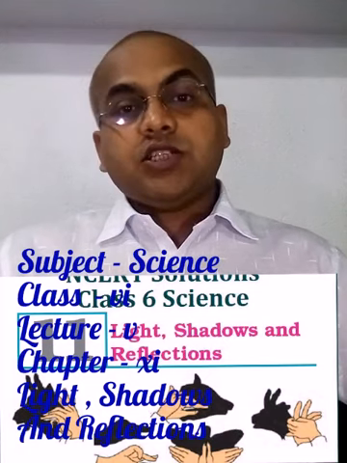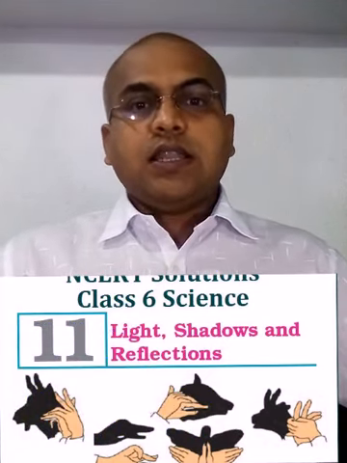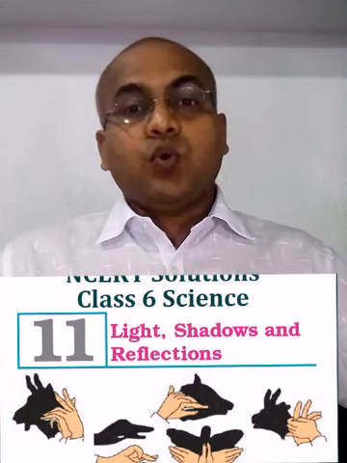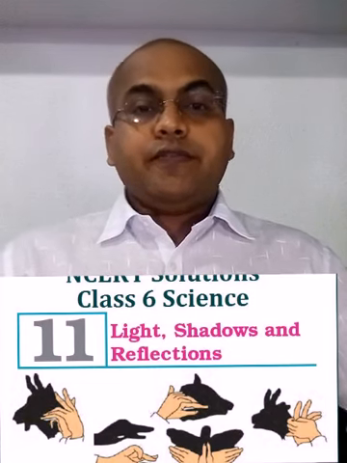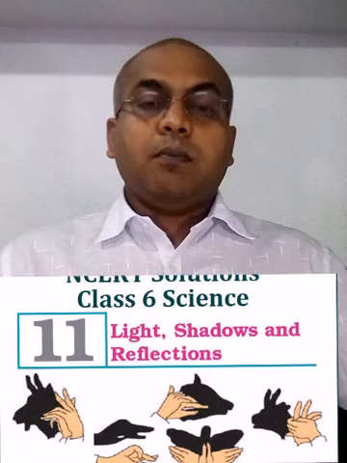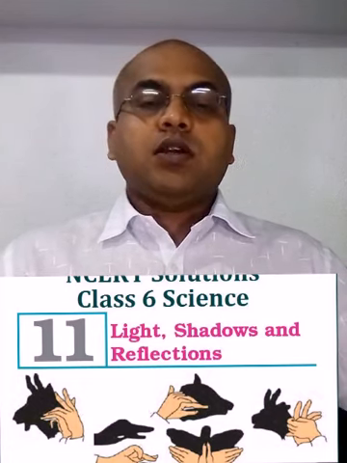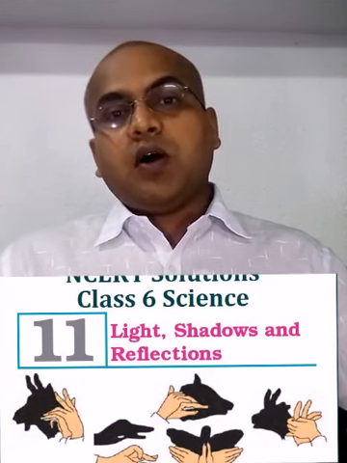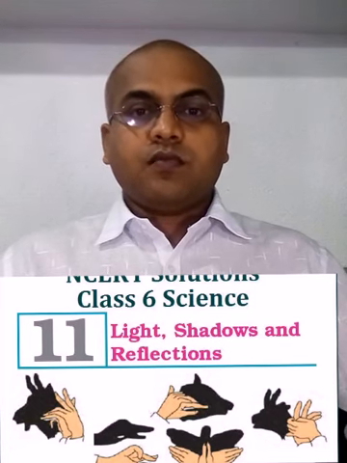In the previous lectures of this class, we had discussed what light is, what the different types of sources of light are, what the different types of objects are based on the emission of light, and what the different types of objects are which allow light to pass through them or not, or partially.